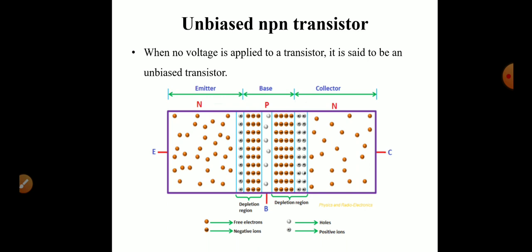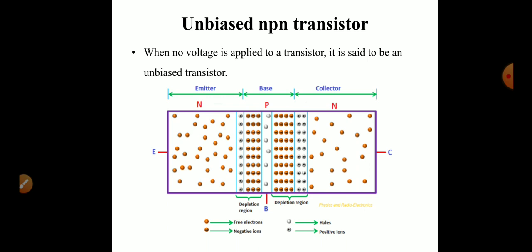When the transistor is formed, there will be a movement of charge carriers from higher concentration to lower concentration. Similarly, in this NPN transistor, the charge carriers flow from higher concentration to lower concentration.